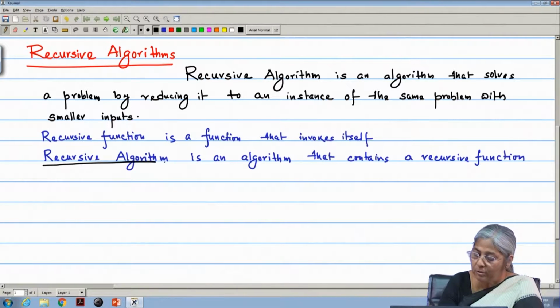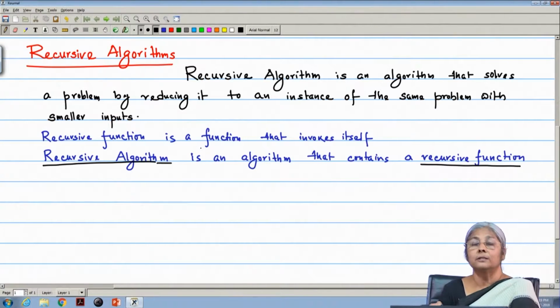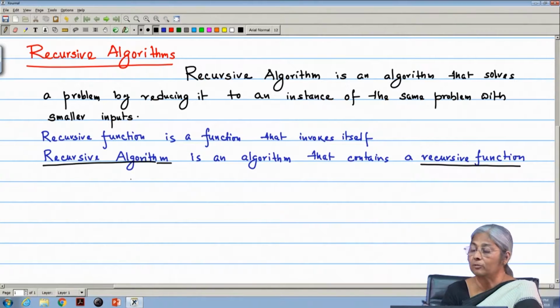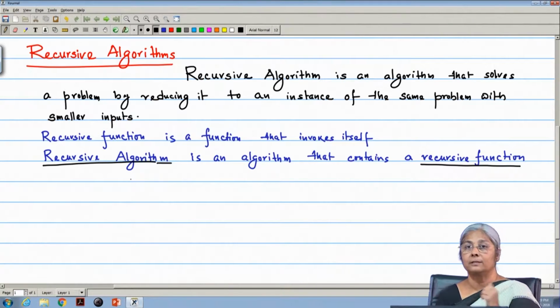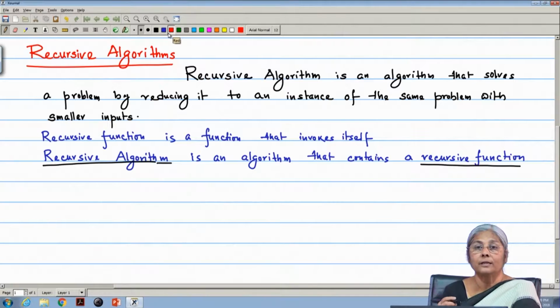Since we already know that a recursive function invokes itself, an algorithm that contains a recursive function is a recursive algorithm. So, what is the approach to write or frame a recursive algorithm?